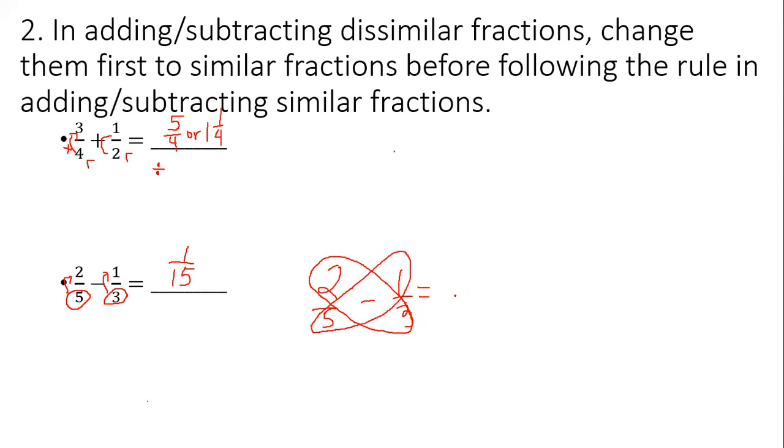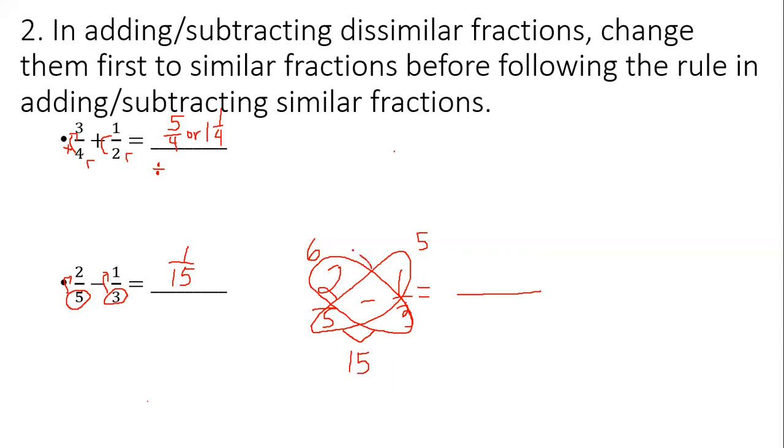Ilalagay po natin yan sa numerator. Okay, so 2 times 3, that is 6. Okay. 5 times 1, that will give us 5. Okay, then we multiply 5 and 3 to give us 15.